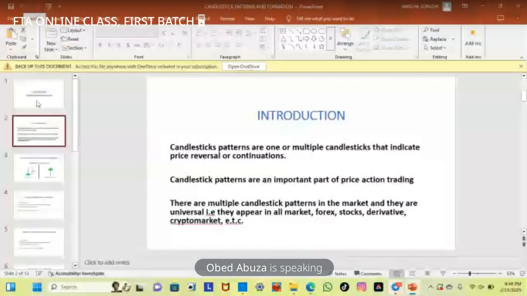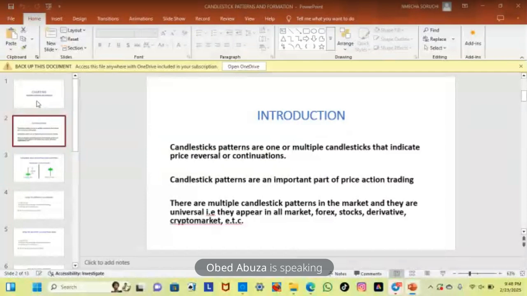So now, what are candlestick patterns? Candlestick patterns are one or multiple candlesticks that indicate price reversal or continuation. That is, whenever you see these candlestick patterns in the market, it tells you that the price will either continue in a bullish trend if the market is in a bullish trend, or start reversing into a bearish trend.